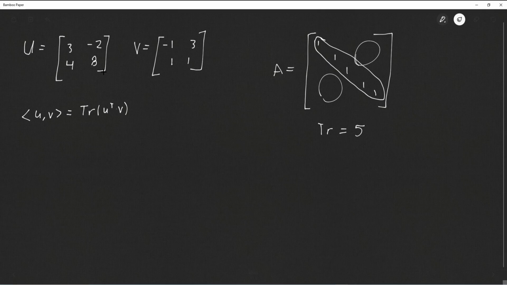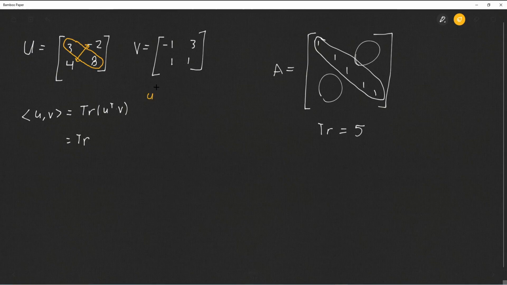So for our question, we're going to ignore the trace for now, and we're just going to find our u transposed times v. We'll keep the trace there for proper notation, but now we need to find the transpose of u. If you remember, the transpose of u will keep our top left and bottom right the same, and then everything else will switch.